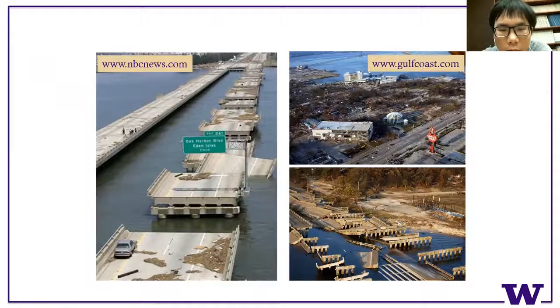But if the bridge is damaged, then it's hard to get those things into the region. The figure on the top right also shows a building moved away by several meters by the tsunami wave. You can also see how powerful a tsunami wave can be.